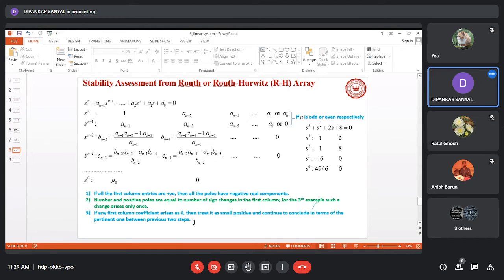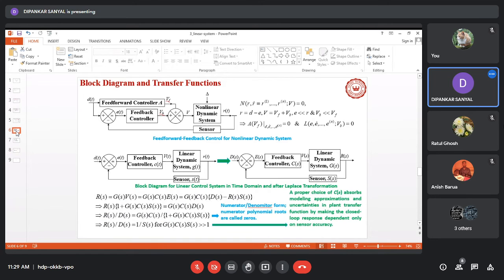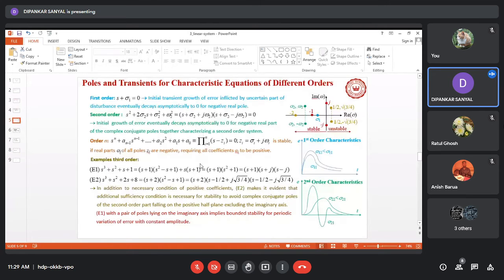So we'll be having two unstable poles. That is what we infer from the Routh array. And if we go back to our factorization exercise for the same characteristic equation, we see really there are two unstable poles.